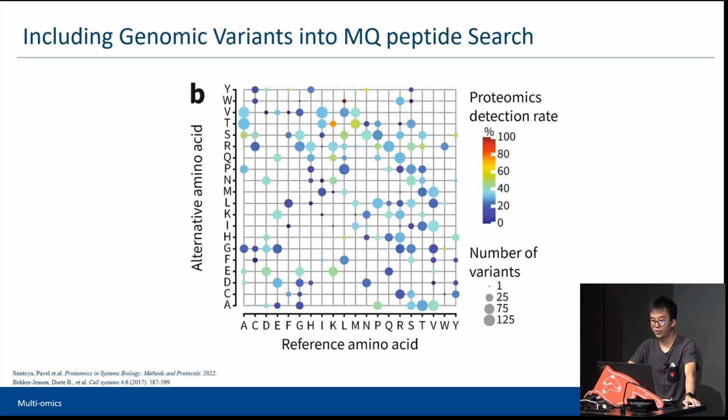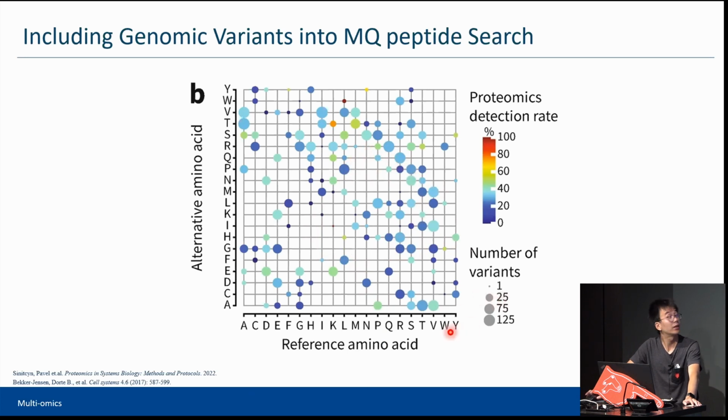So this figure shows the frequency of substitutions observed in the data at proteomics and transcriptomics level. The color-coded proteomic detection rate shows the proportion of identifications at the proteomic versus transcriptomic level, and the median proteomics detection rate of the variants is about 30%.